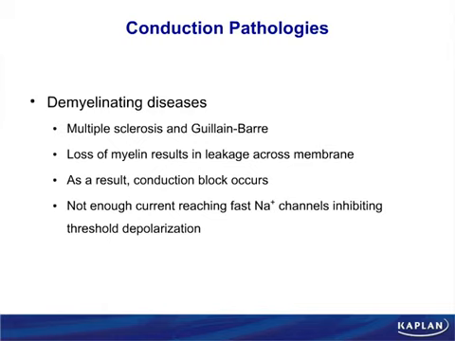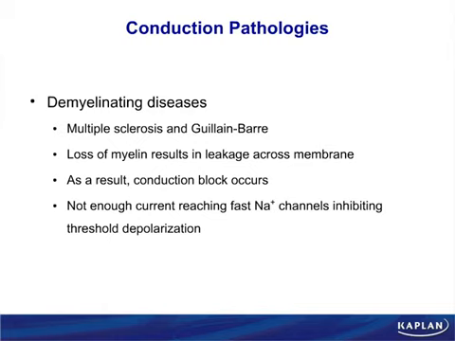All right, these are demyelinating diseases, multiple sclerosis and Guillain-Barré. This loss of myelin results in leakage. So we talked before that the myelin was like an insulator. If I lose that insulator, then current starts going out.